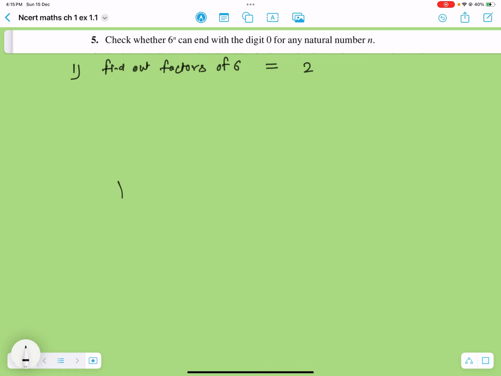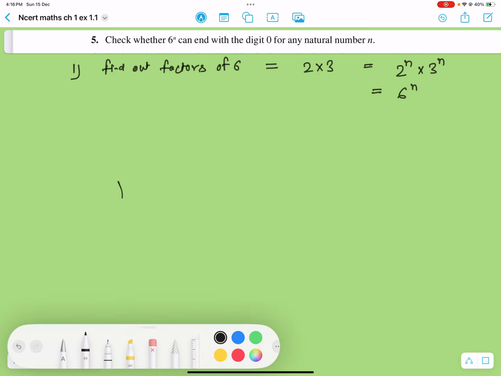The factors of 6 would be 2 multiplied by 3. Or we can say 2 raised to power n multiplied by 3 raised to power n, which also equals 6 raised to power n.